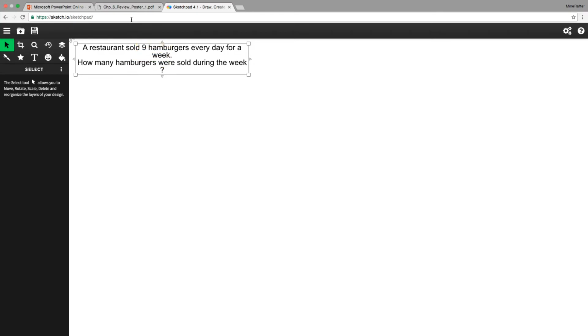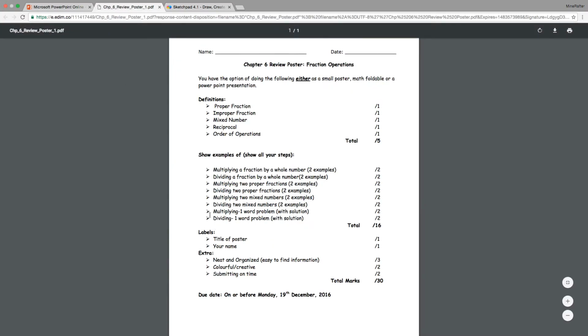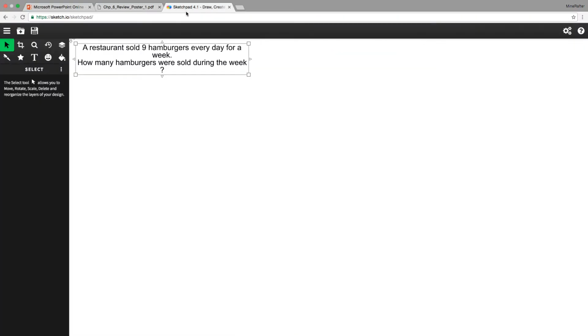Now I'm going to be doing a multiplication word problem with the solution. Okay, so this is the problem. A restaurant sold 9 hamburgers every day for a week. How many hamburgers were sold during the week?